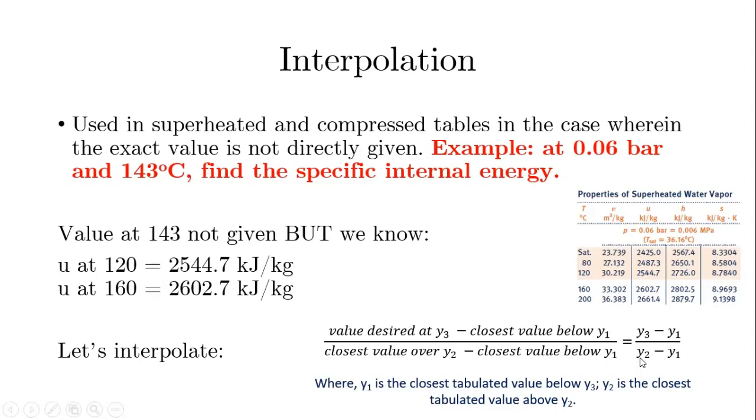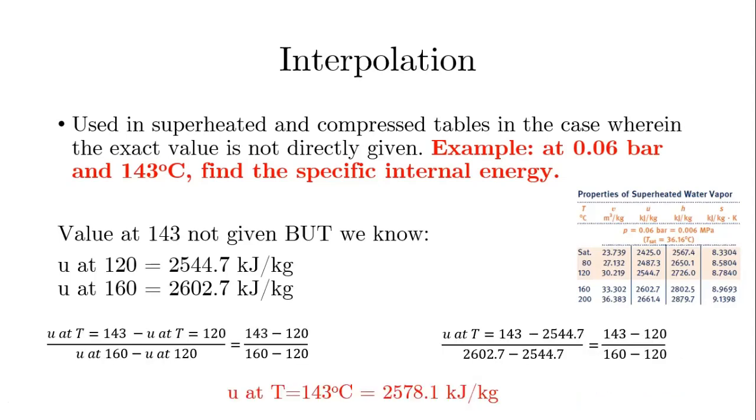Y1 is 120, and then 160, 120. That's basically what we'll do, and this works with any two properties you're given. We will do a bunch of examples.